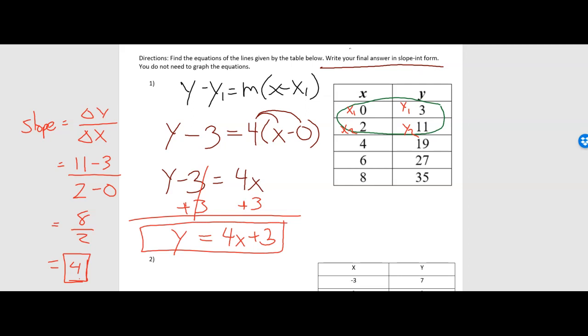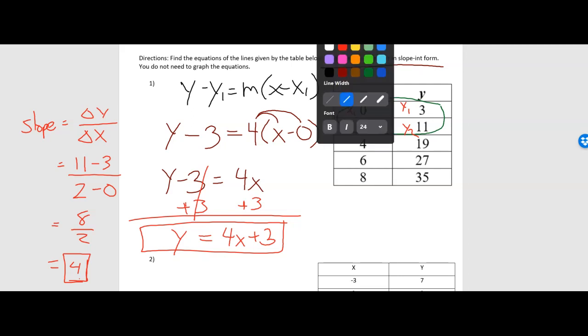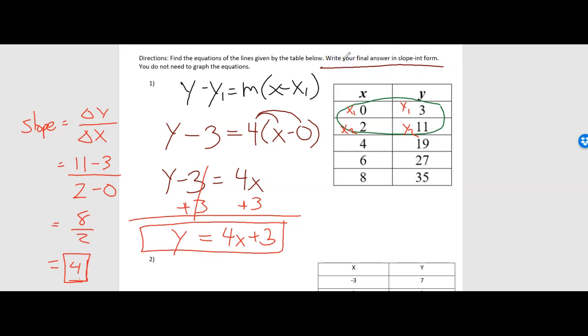Now again, regardless of which x1 and y1 you chose, right, let me show you how we could do it another way. Let's say I chose my x2 and my y2 to be my x1, my y1. Well, I'd start off with y minus y1 is equal to m times the quantity x minus x1. So I'd get y minus 11 is equal to 4 times the quantity x minus 2.